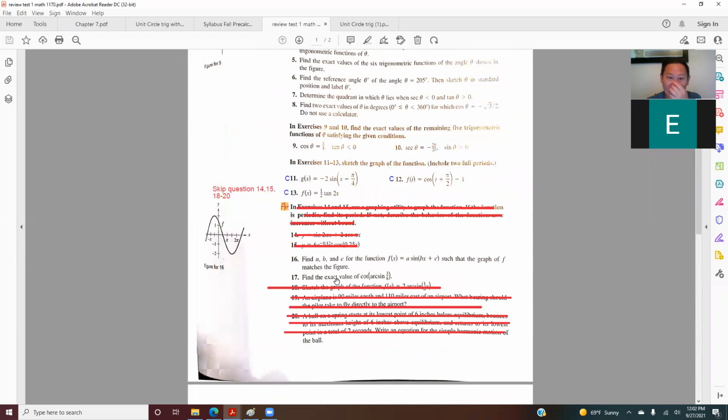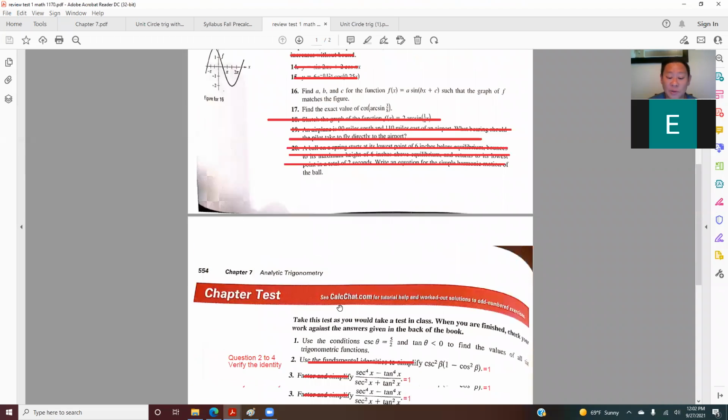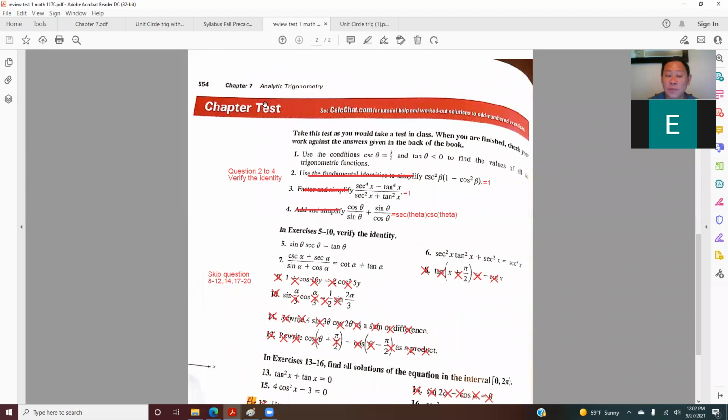The only calculator questions are question 2, 3, 11, 12, and 13. They are very similar to this kind of question. Make sure you know how to use the calculator. The rest of the test is non-calculator. As you can see in the review, there's no C next to them, especially in chapter 7.